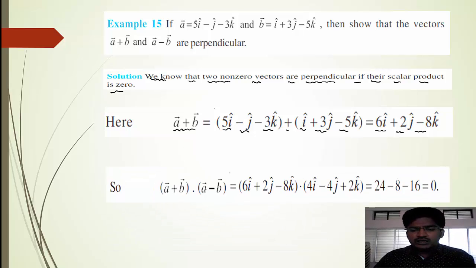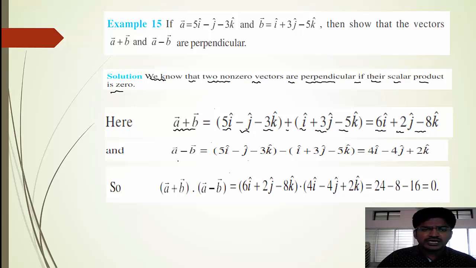In the same way, we have to calculate vector A minus vector B. So that is 5 i cap minus i cap is 4 i cap. Minus j cap minus 3 j cap will be minus 4 j cap.